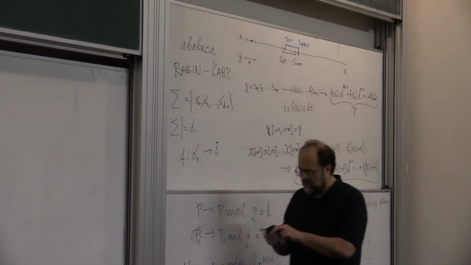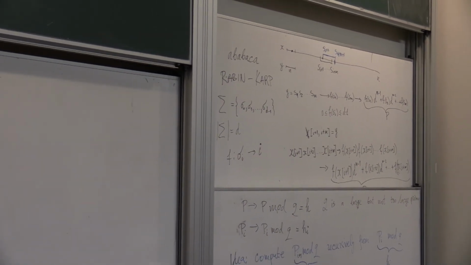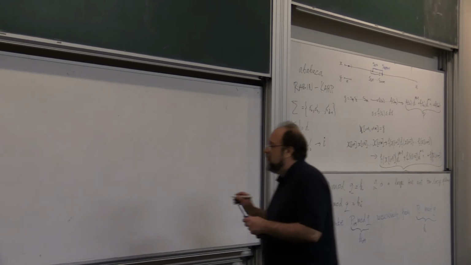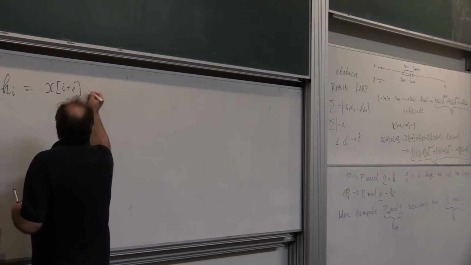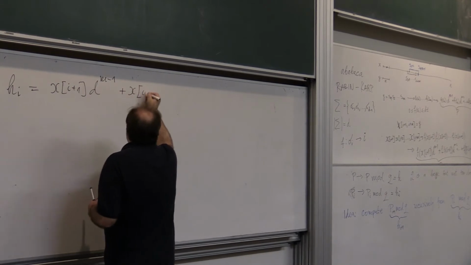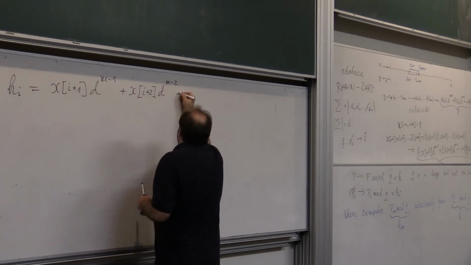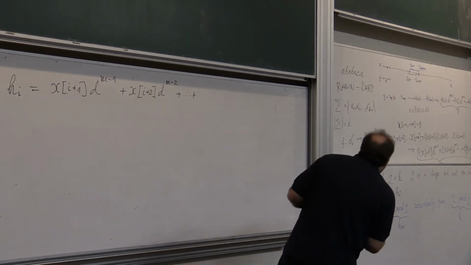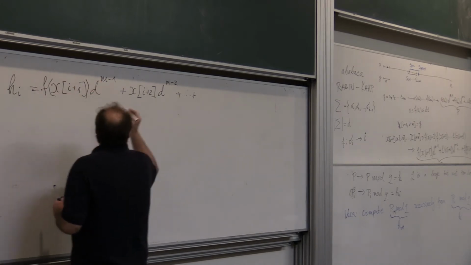So here it is. hi equals the following quantity. It is xi plus 1 times d to the n minus 1 plus xi plus 2 d to the n minus 2 plus all the way to, sorry, it's f of xi. So we map the symbol into its numerical value.